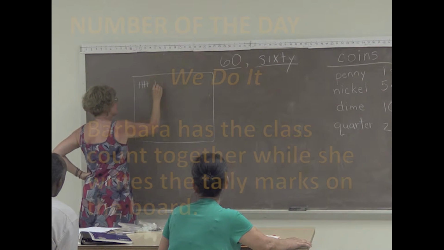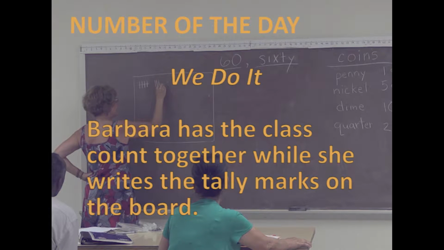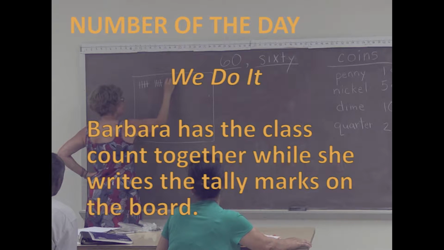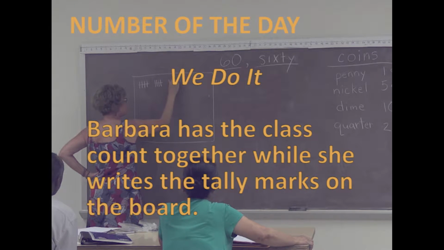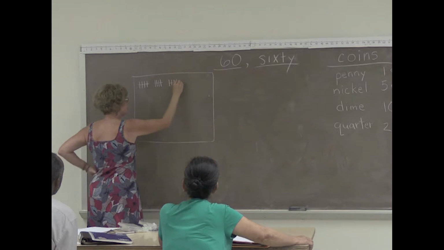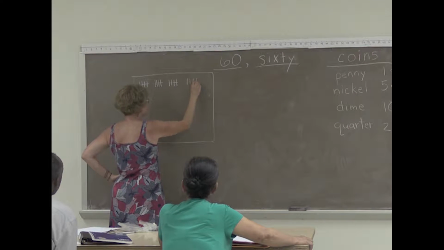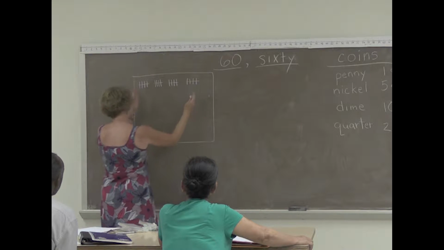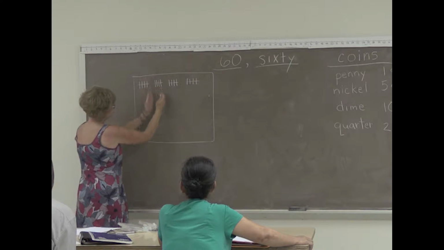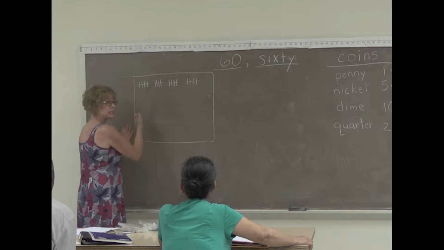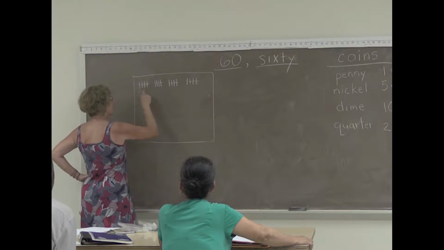Let's count. 6, 7, 8, 9, 10, 11, 12, 13, 14, 15, 16, 17, 18, 19, 20. Now I'm going to come down. I'm going to make them look beautiful so I can see them easy. So we have, how much so far?